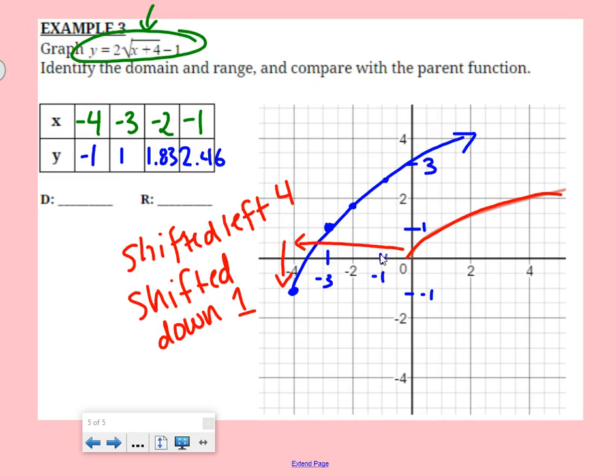It's increasing faster. Last step, just identify that domain and range. X values are greater than and equal to -4. And then our range is greater than or equal to -1.